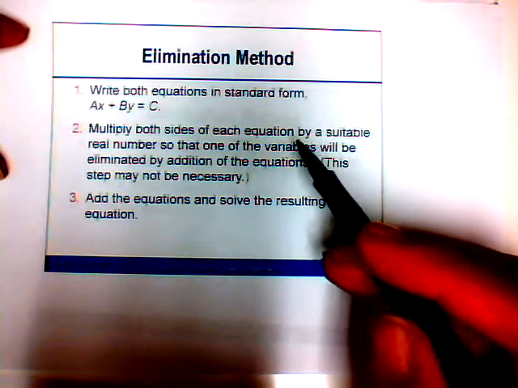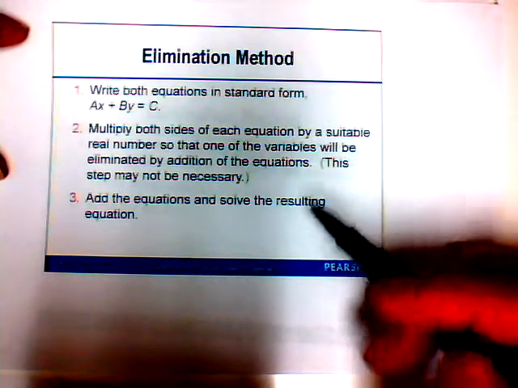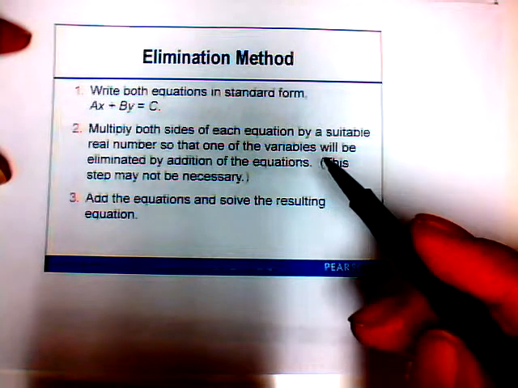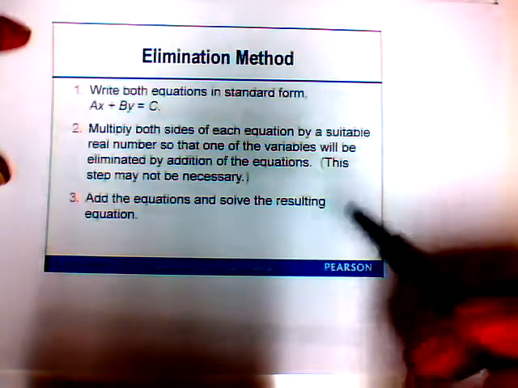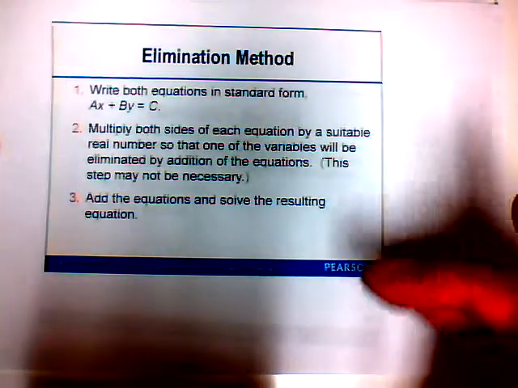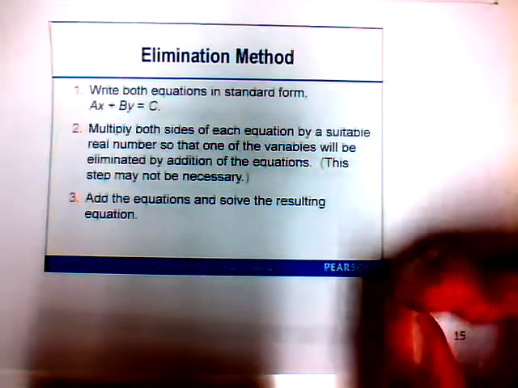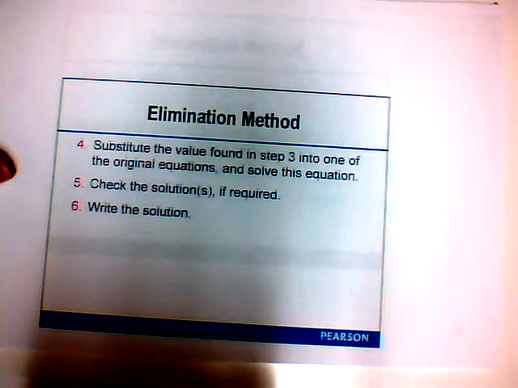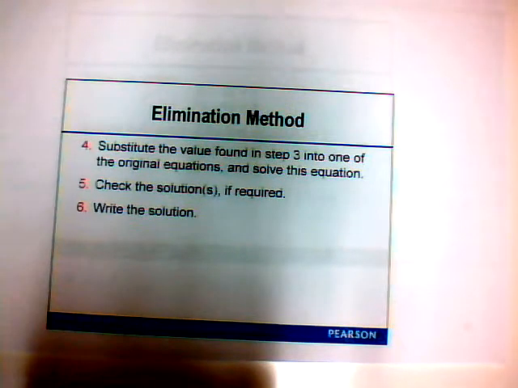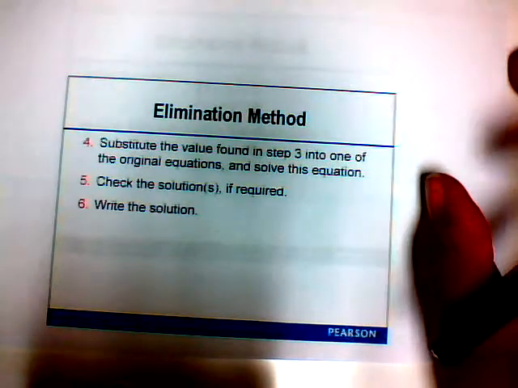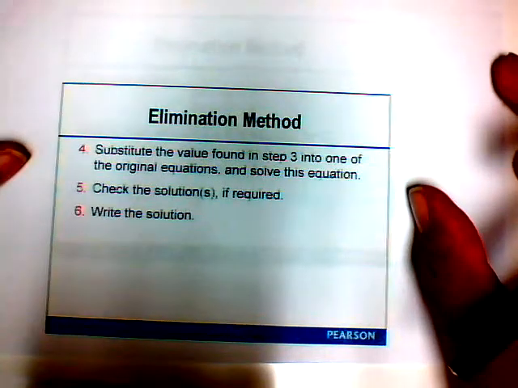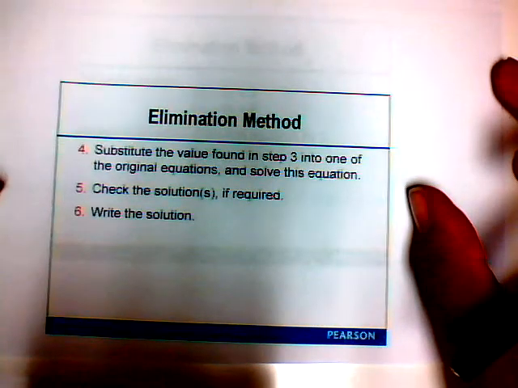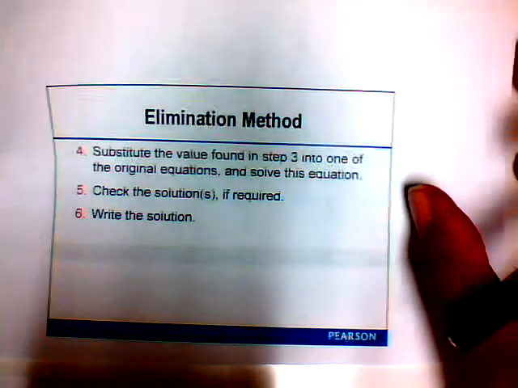You might see that you could easily add the two equations together if one is a minus and the other one is a plus, and it's the same variable with the same coefficient. Then you're going to substitute the value found in step 3 into one of the original equations and solve this equation. Then check your solution if required and then write the solution.